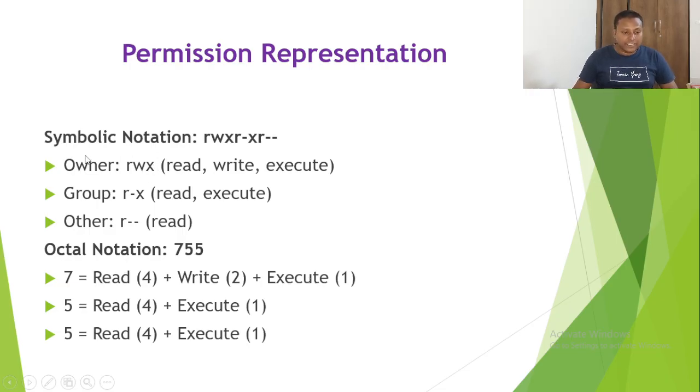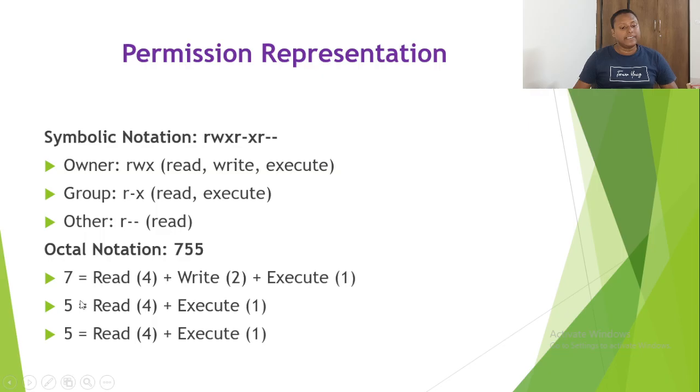So if I want to assign the total for RWX, calculating 4 plus 2 plus 1 gives 7. So instead of RWX, we can give the total directly, and it will take it as the permission.